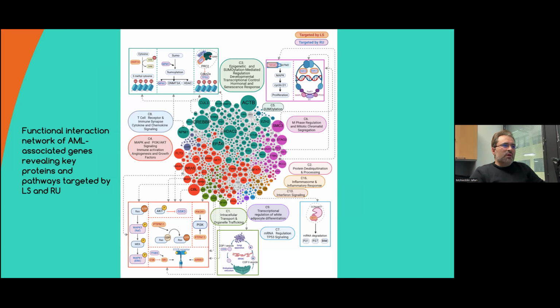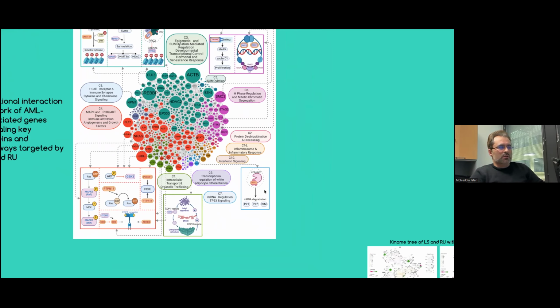And we found some very important proteins, which we show here, that are targeted only in the case of the combination, and they are also important in these networks, such as NPM1 and DNMT3. Those are very important genes targeted only in the case of combination, not in the case of single drugs.